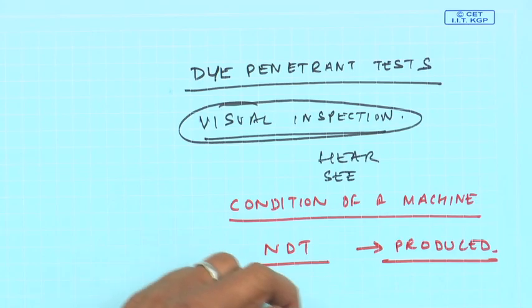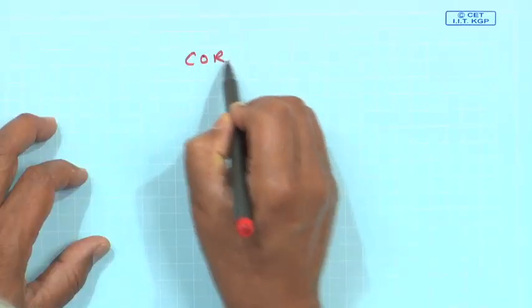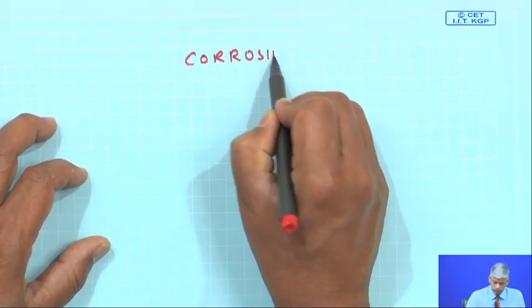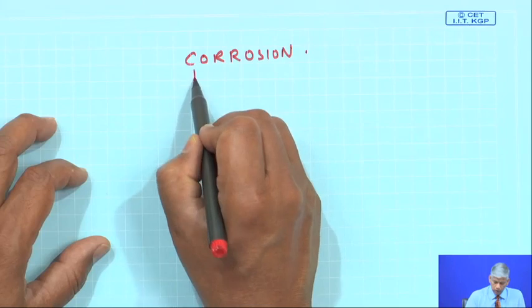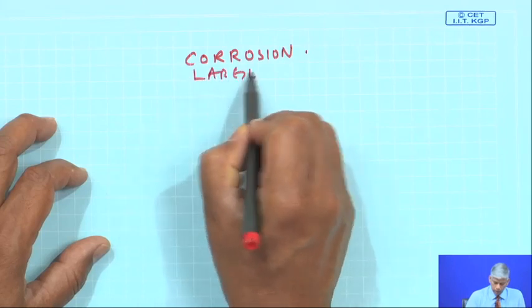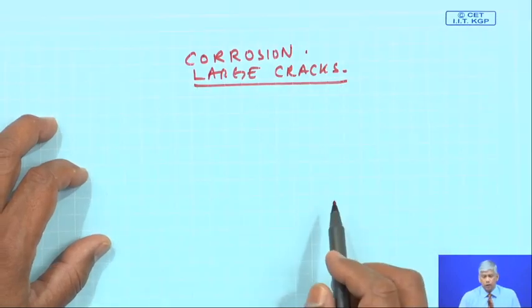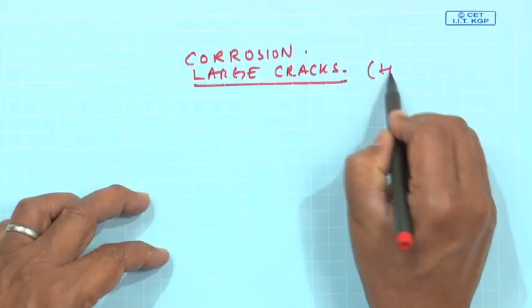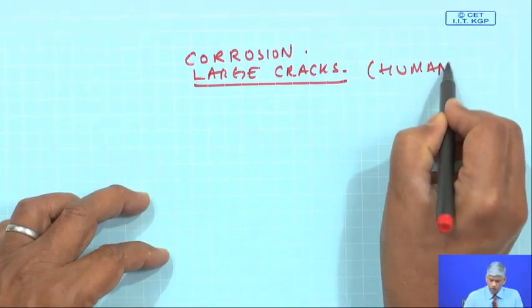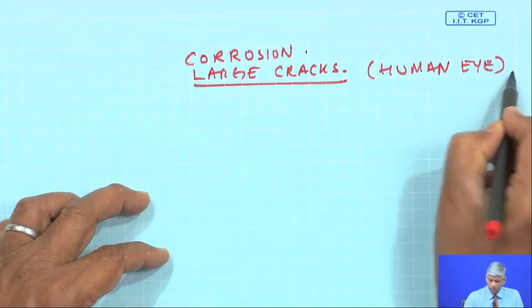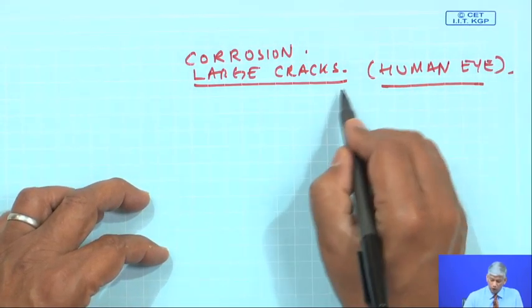So visual inspection can help us for inspecting corrosion and large cracks. When I say large cracks, the cracks are pretty big, so that the human eye can see them. But let me tell you, it is already too late.